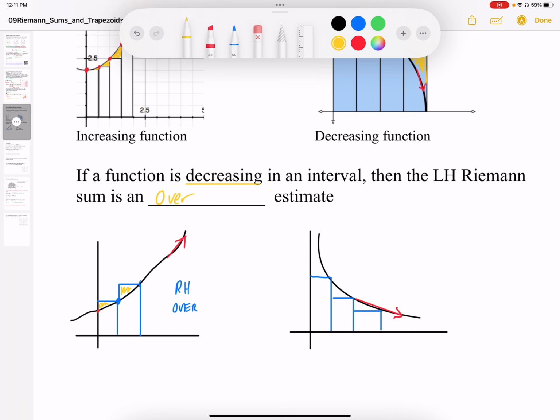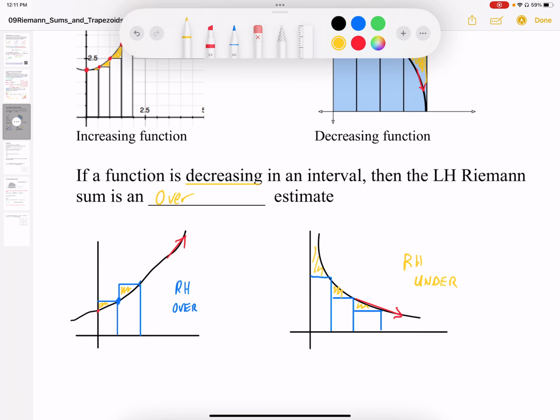So this is now an underestimate. So if it's sloping down, the right-hand Riemann sum is an underestimate in this case.